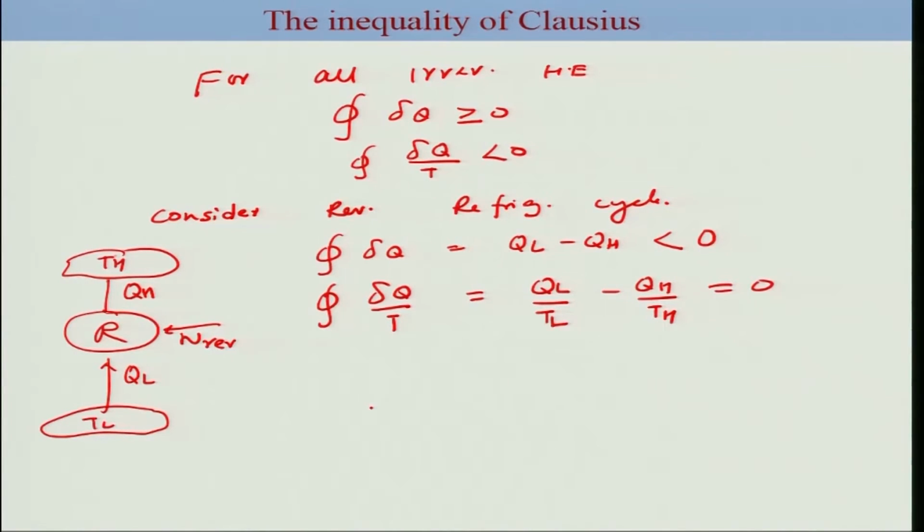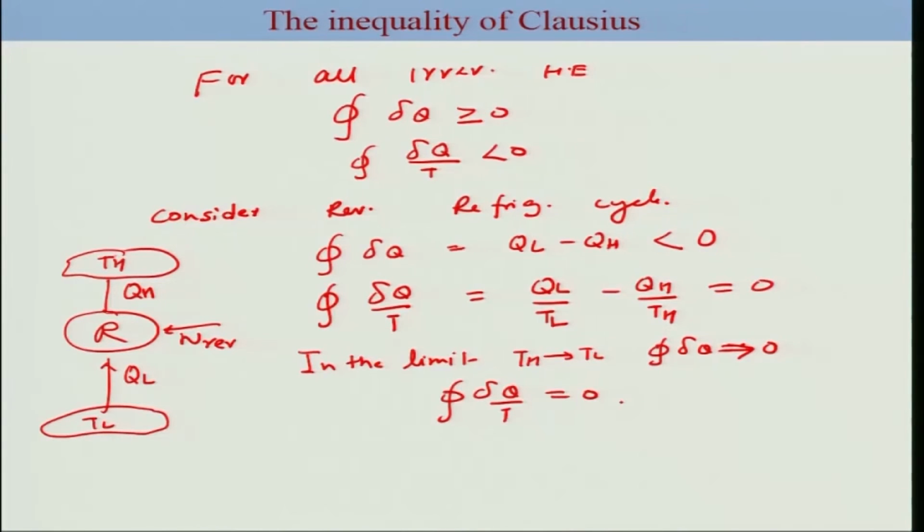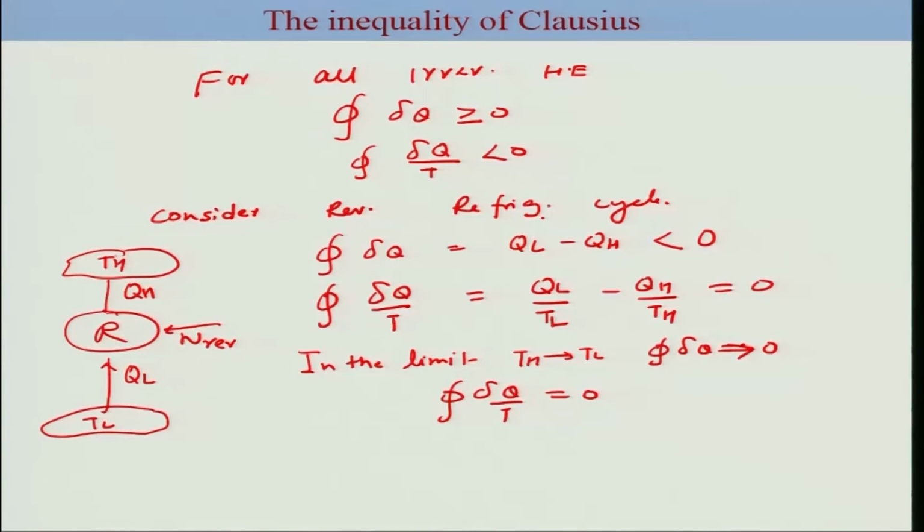Okay, so in the limit TH approaching TL, your del Q should be approaching 0, and your del Q by T still should remain equal to 0. Okay, so this would be the limit for the case. So this was for the reversible refrigerator cycle. Now let's look at the case of the irreversible refrigeration cycle.